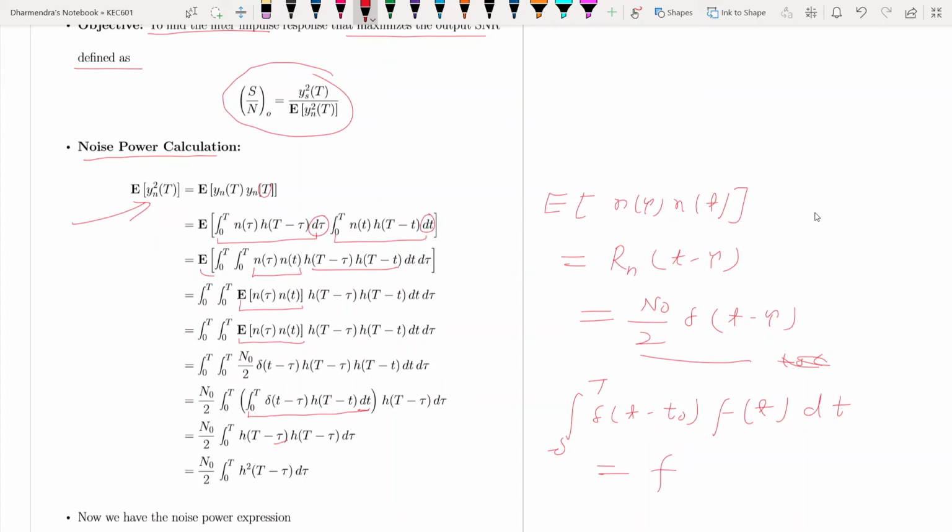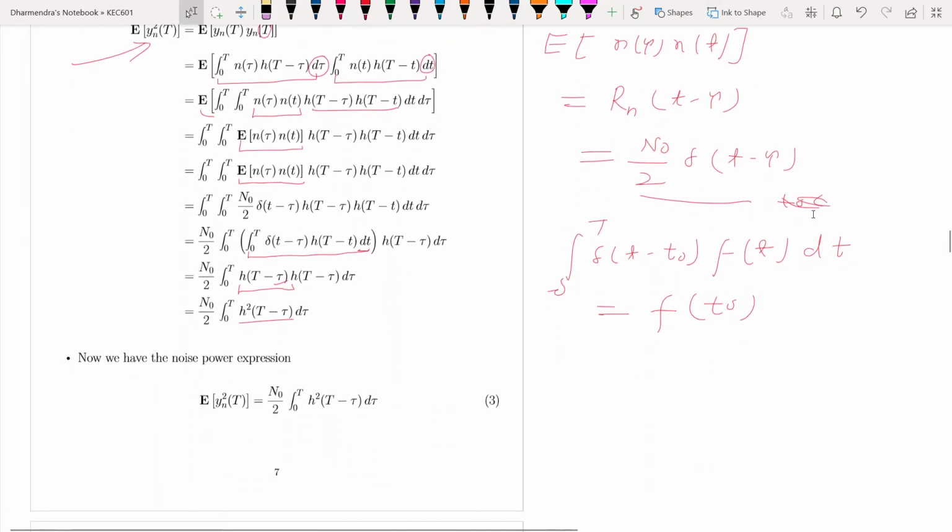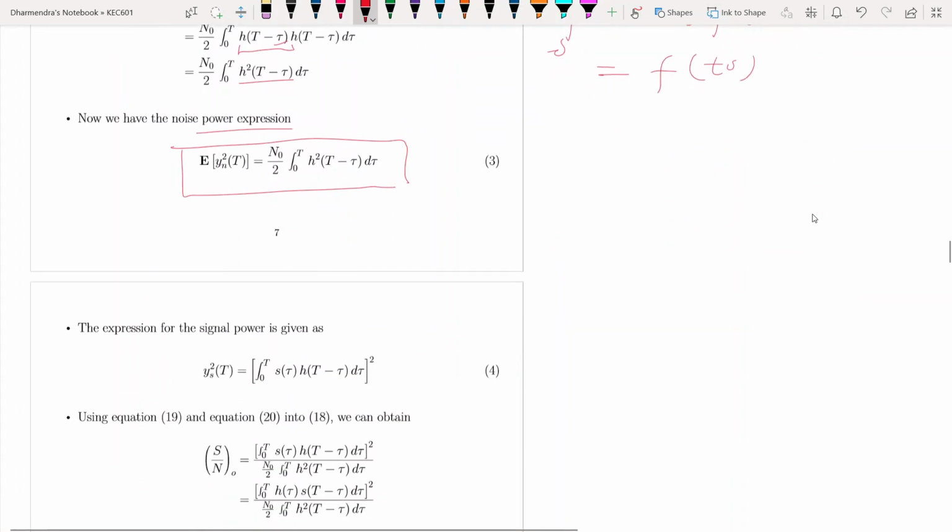So based upon this, I can write it like this. So this is the square of h of capital T minus tau. So now we have a noise power expression like this, given in equation number 3.